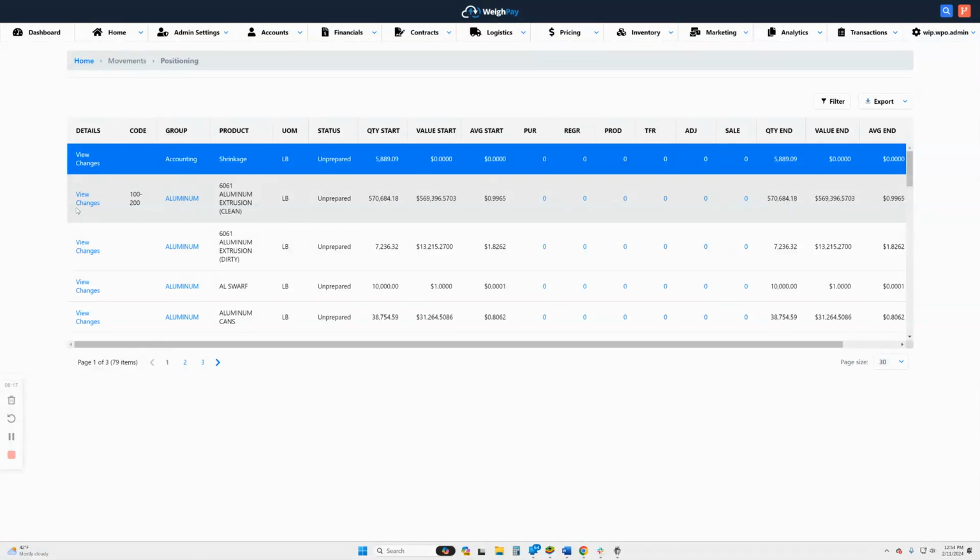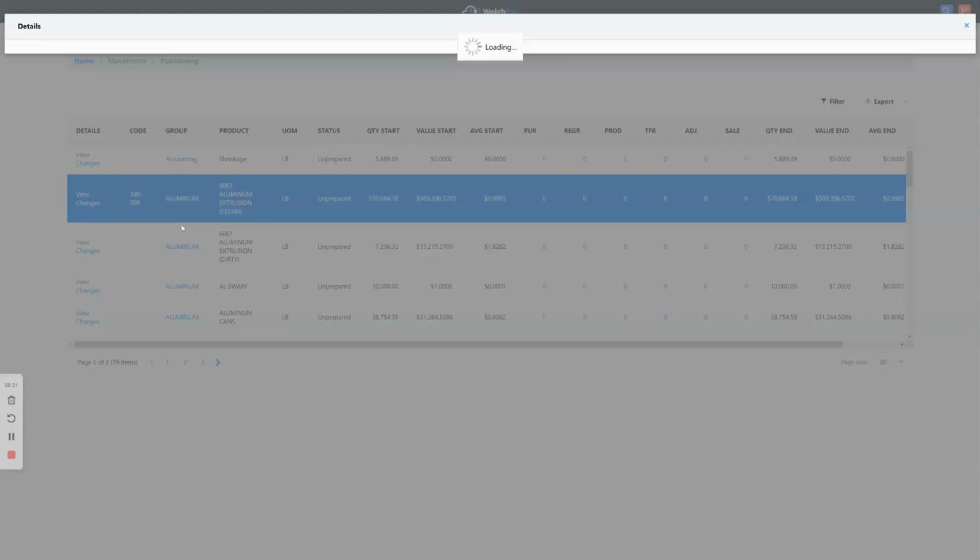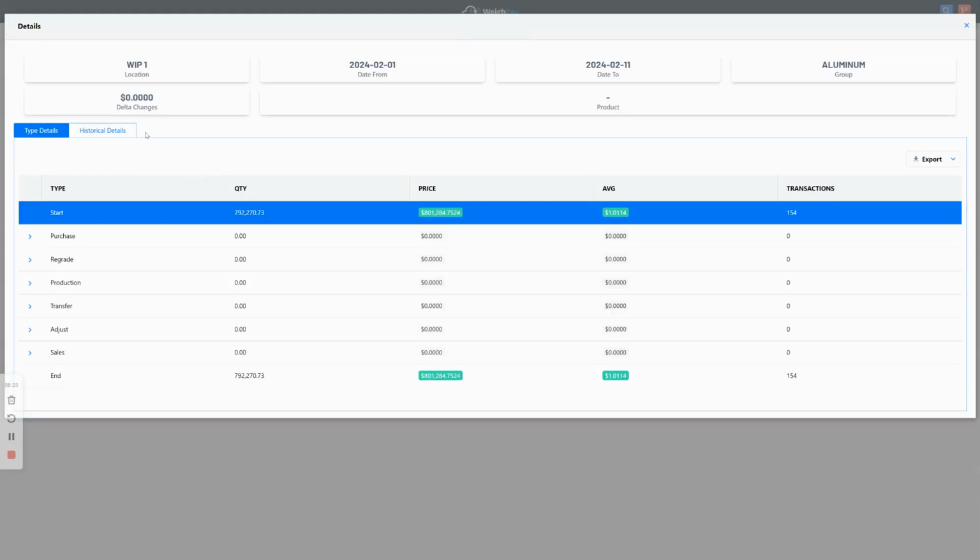And so this gives us the ability to drill into the group. And so we can see here that as an aluminum group, we could see any transactions that happened. Our database is holding 154 transactions, which calculate for 792,000 pounds, of which we've paid $801,000 for at an average of 101 for those 154 transactions.